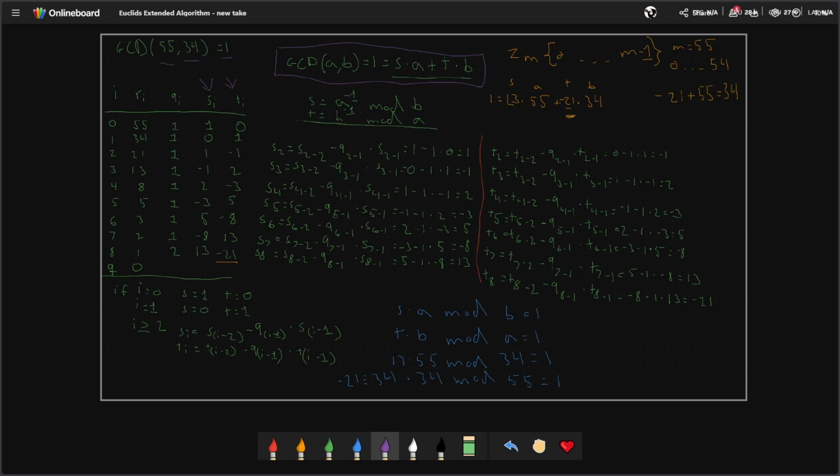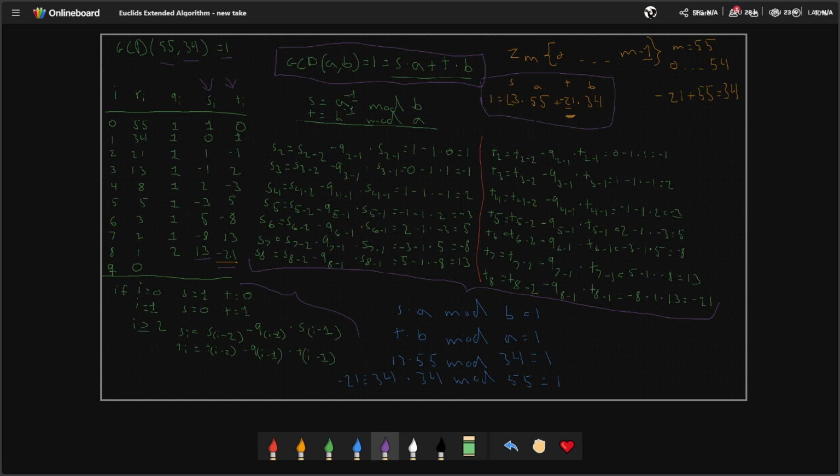And the way to calculate those two values is by a set of rules, which is defined down here, which yielded a lot of values for s and t. The final value of s, 13, and of t, negative 21, we took and put into our equation up here.